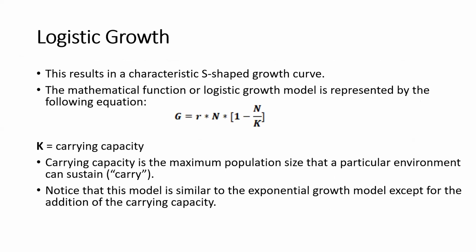So this is the mathematical function for the logistic growth model. G equals R times N times 1 minus N over K. K is the carrying capacity, N is the population size, R is the rate, and G is the growth rate.